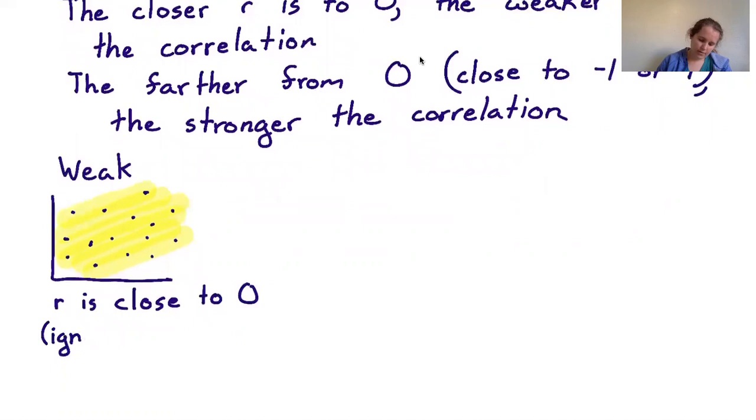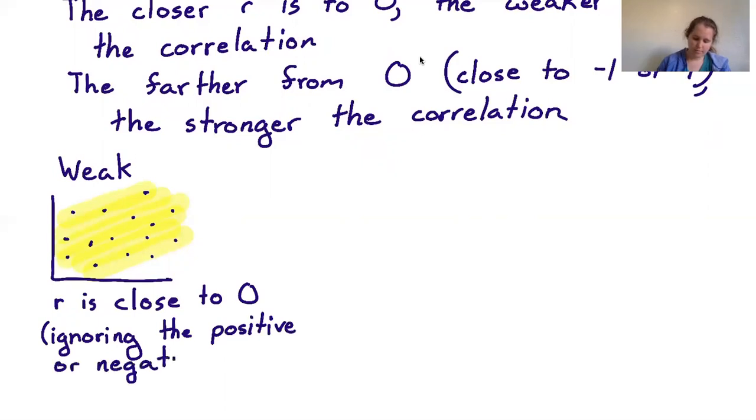So ignoring the positive or negative, just looking at the number, R is less than 0.5, which is usually my cutoff for weak.